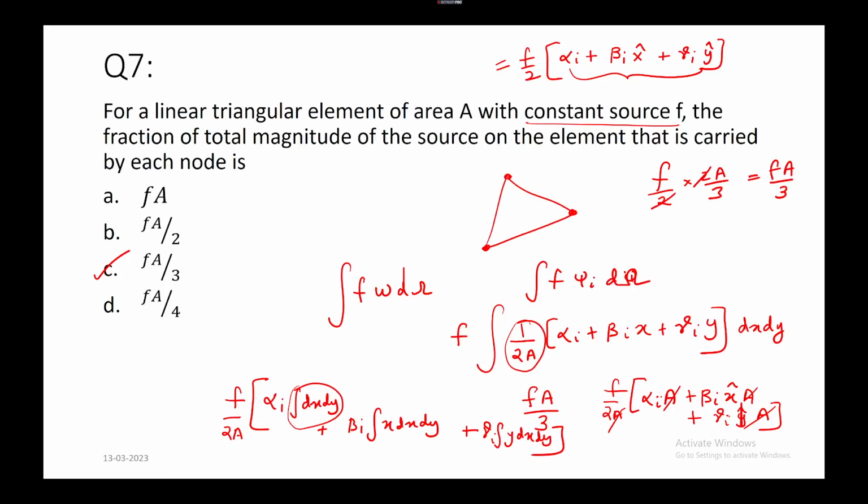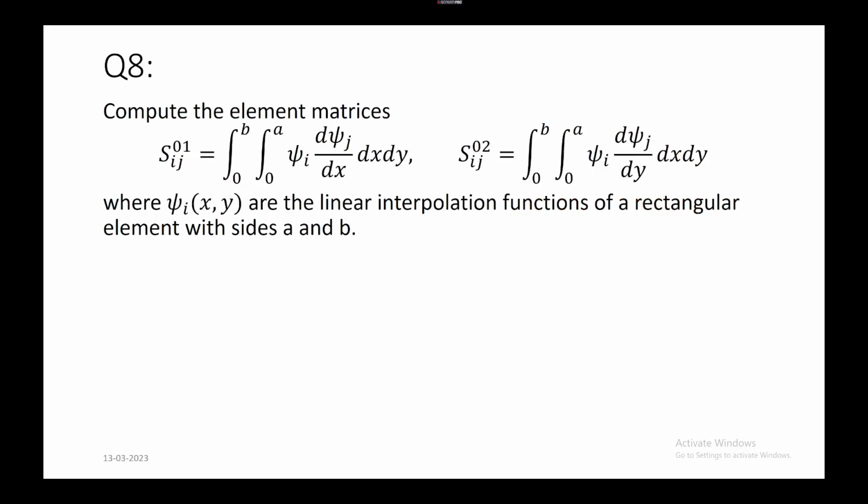Although it is very intuitive that it will be equally split in all the nodes, by theoretical calculation also we arrive at the value fa by 3. So this is question 7. We will see one last question, because soon it's going to be 8 o'clock.